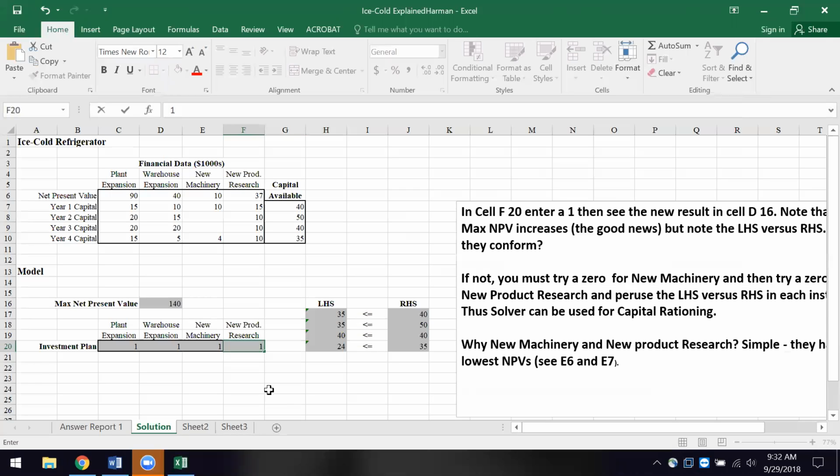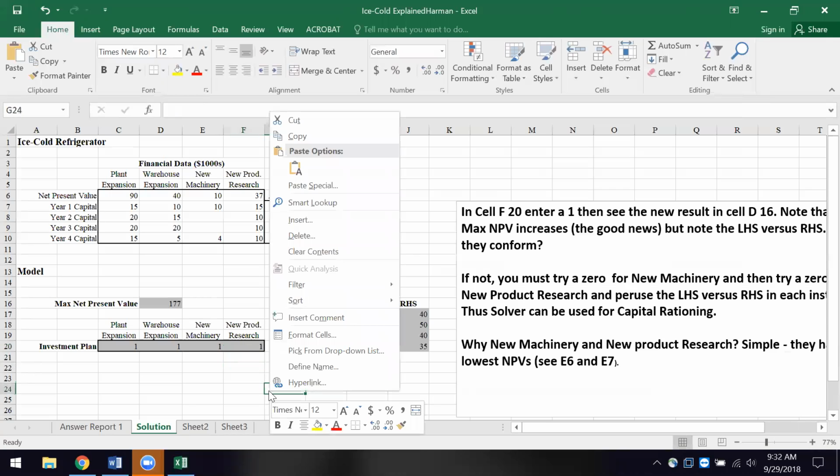And then we're going to see the new results in D16. Okay. Now, we increased the net present value. But as I mentioned here, look at the left-hand side and the right-hand side.